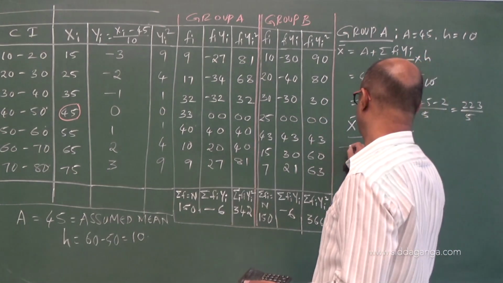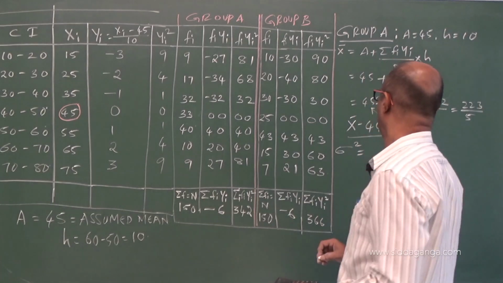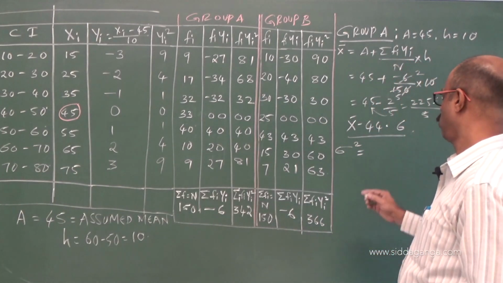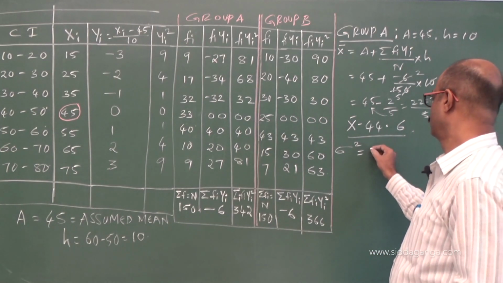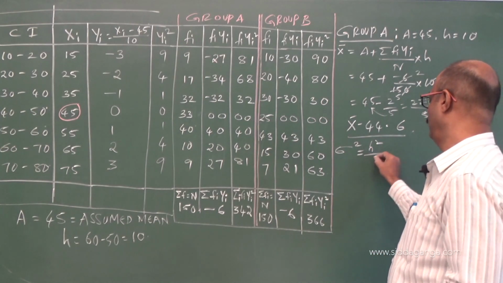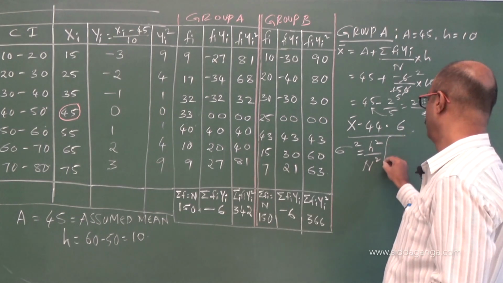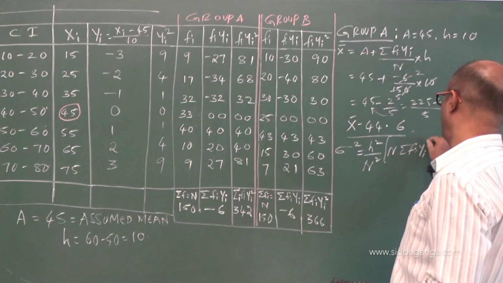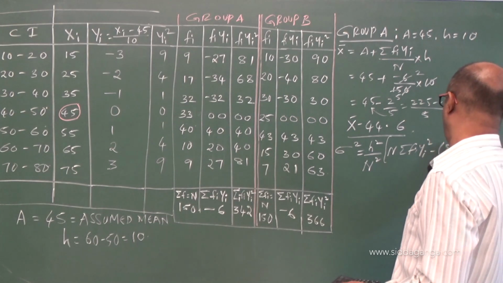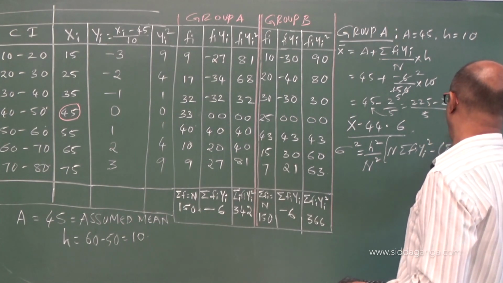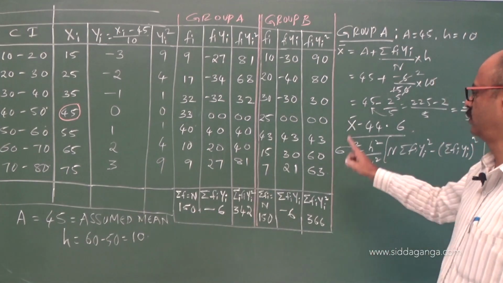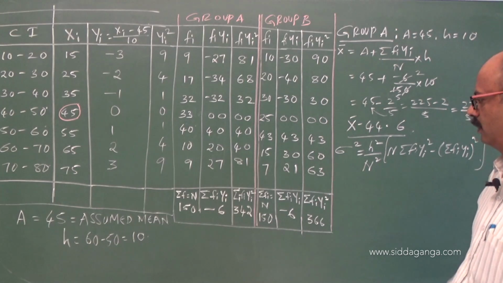Next, we will calculate sigma square. Sigma square is equal to H square divided by N square, and next is N into sigma Fi Yi square minus sigma Fi Yi whole square. Finding sigma square, the variance.